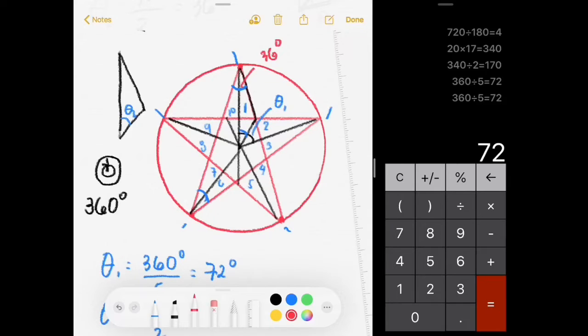Okay. So, isu-shortcut ko, kasi supposedly this concept is already taught in high school, pero kung gusto nyo maturo, isend ko sa inyo yung video, bakit naging 36 yan. Kasi nga, itong mga corner na to, 1, 2, 3, 4, 5, that is equals to 180.